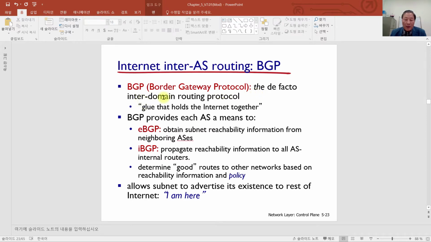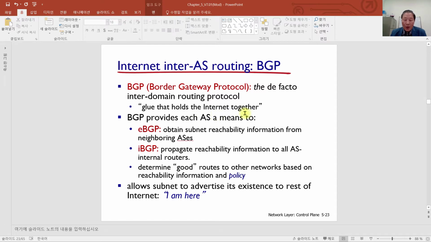As a matter of fact, this one is standard, and we are actually using it in our internet infrastructure for inter-domain routing, and this is an inter-domain routing protocol. And this is like the glue that holds the internet together.